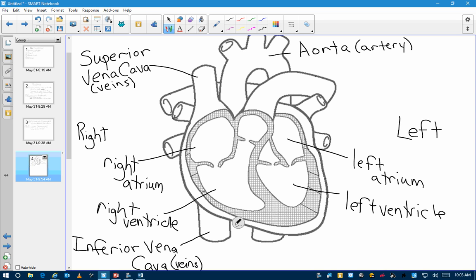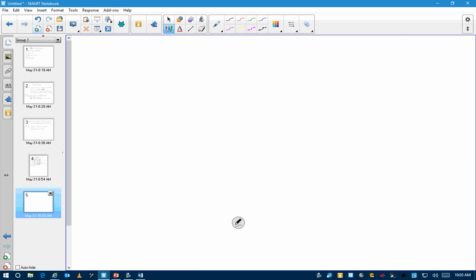Okay, so let's start a new one, because as I'm talking about these here, let's do heart anatomy.